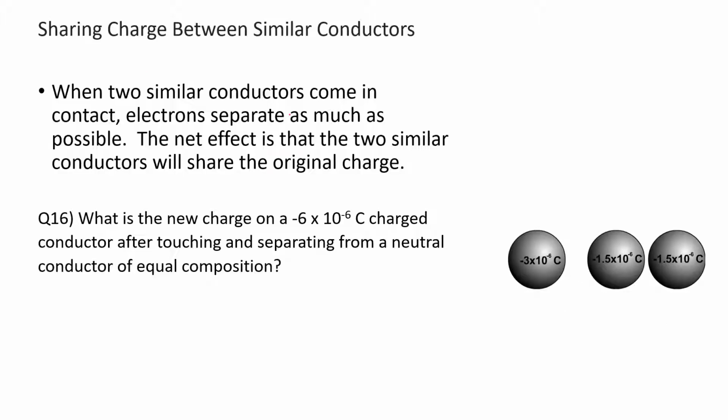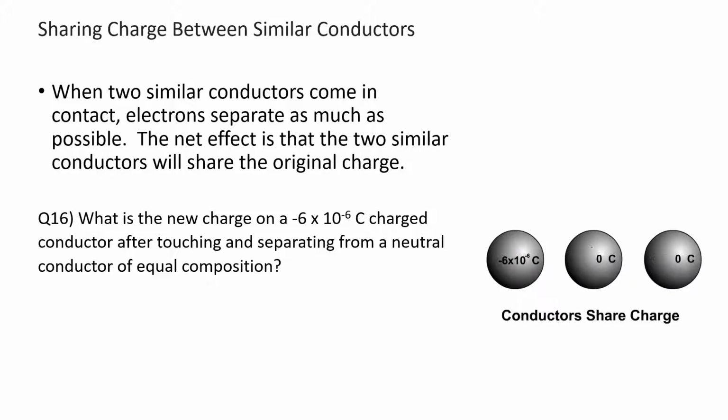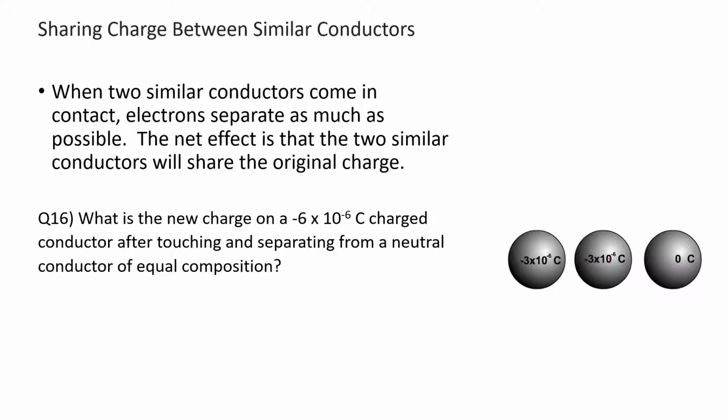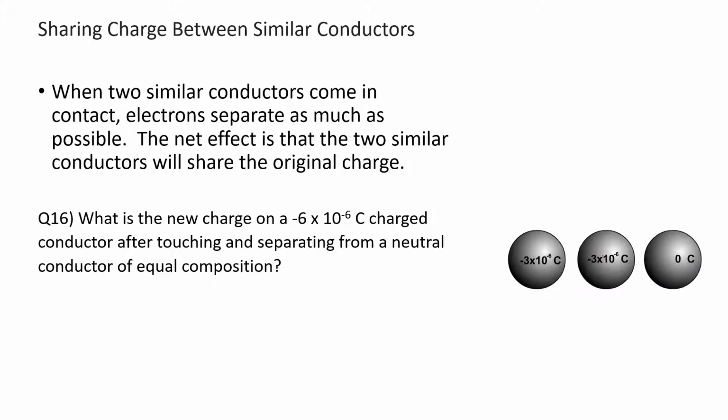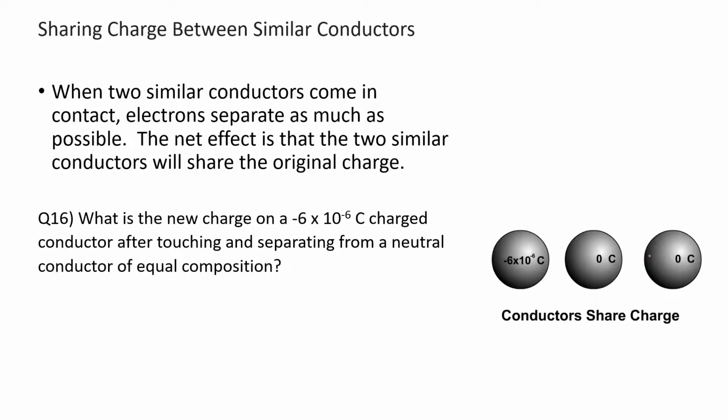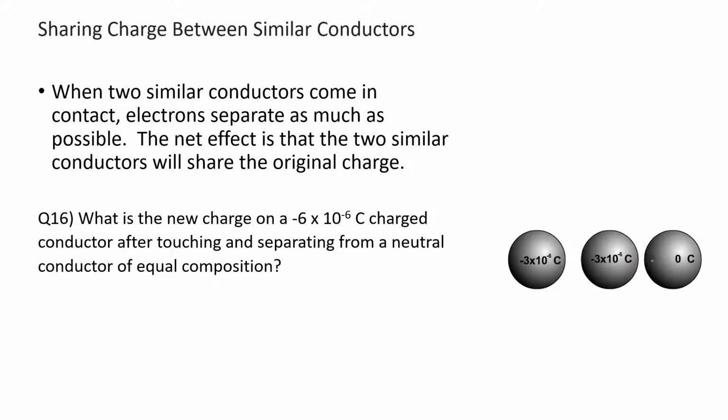Now, when we have similar conductors, like I said before, take a look at the first object: it's charged, and the other ones are neutral. As soon as they touch the next object, those electrons are shared equally, and those electrons want to get away from each other. So the charge is split. If these two were equal conductive metals, let's say copper and copper, as soon as they touch, the charge is split in half between the two, and then once it's released, the second one goes and hits the next one, and that charge once again is split in two.